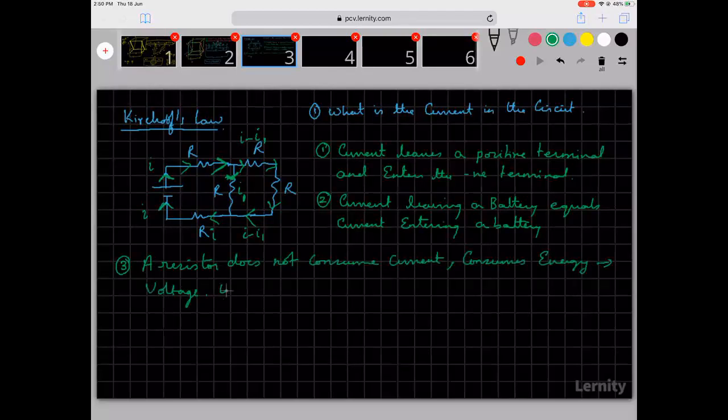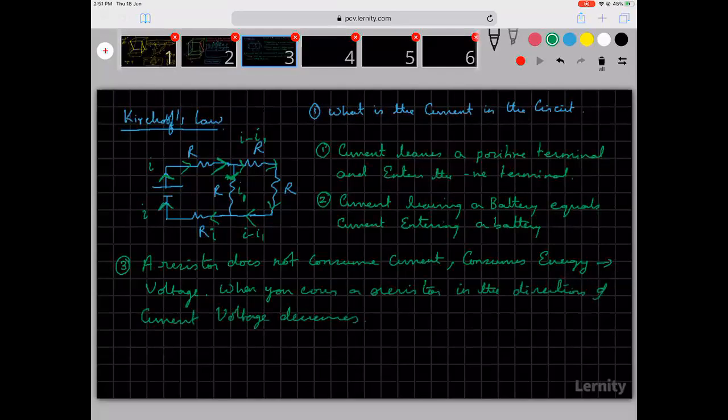So when you cross a resistor in the direction of current, voltage decreases. When you cross a resistor in the direction of current, voltage decreases.